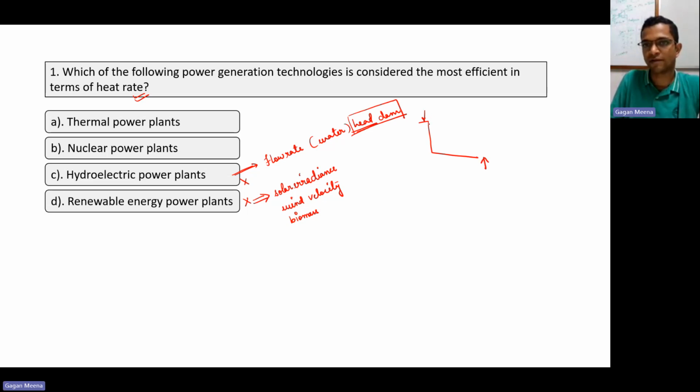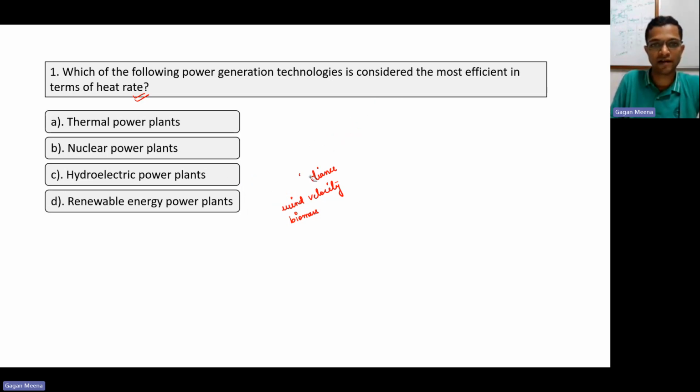That governs the generation from the hydroelectric power plant. Among thermal and nuclear, nuclear is more efficient in terms of heat rate. It has a higher efficiency. The answer in this case would be nuclear.